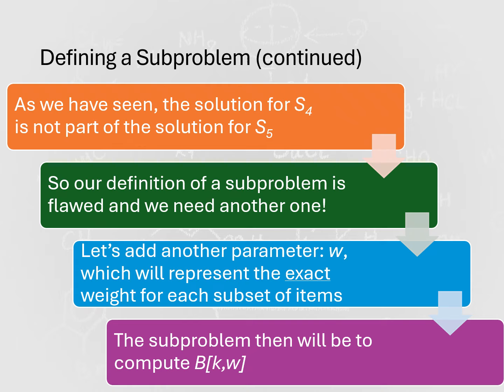Let's add another parameter, that is W, which will represent the exact weight of each subset of items. The subproblem then will be to compute B of K comma W. That means the overall benefit for K items and W remaining capacity.